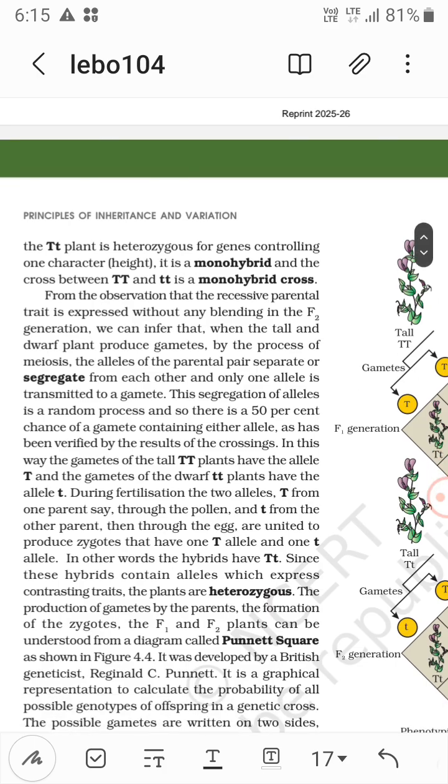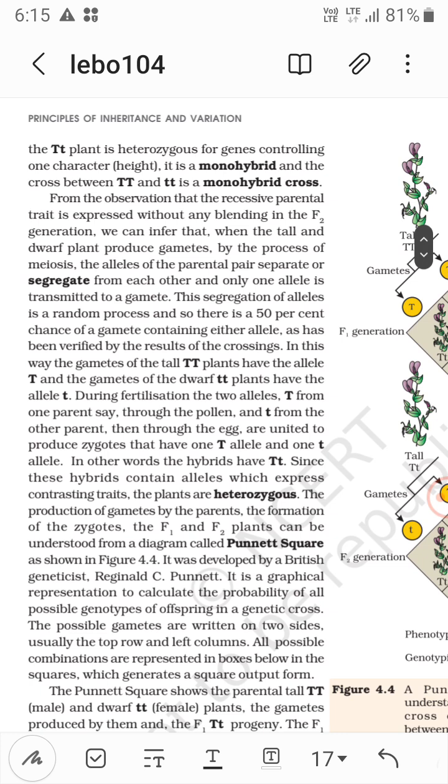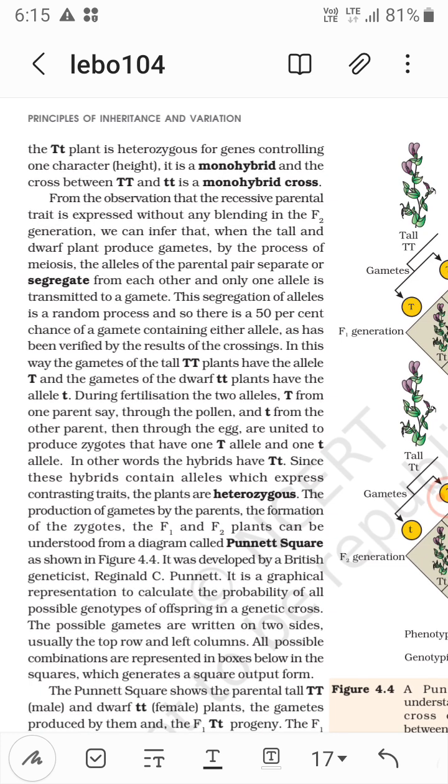It is a single hybrid. So this is a monohybrid, and the cross between capital T small t plants is a monohybrid cross.